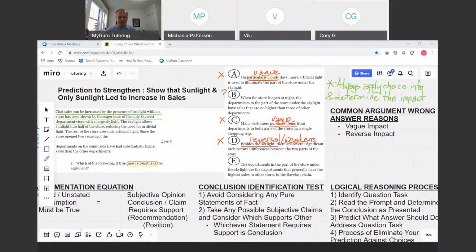Does E support the idea that only the sunlight is responsible for the change in sales?